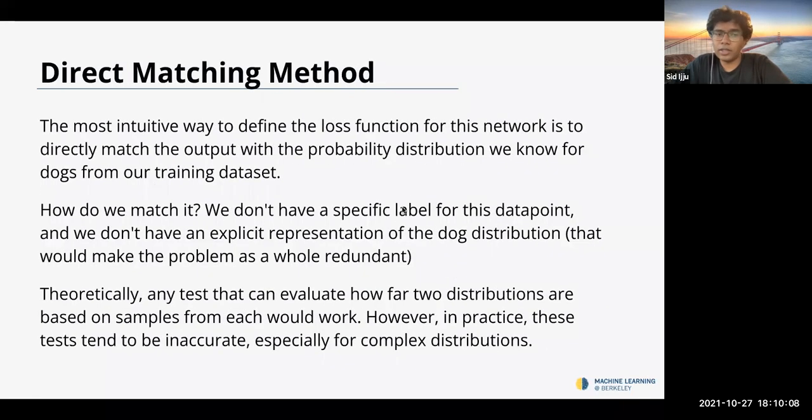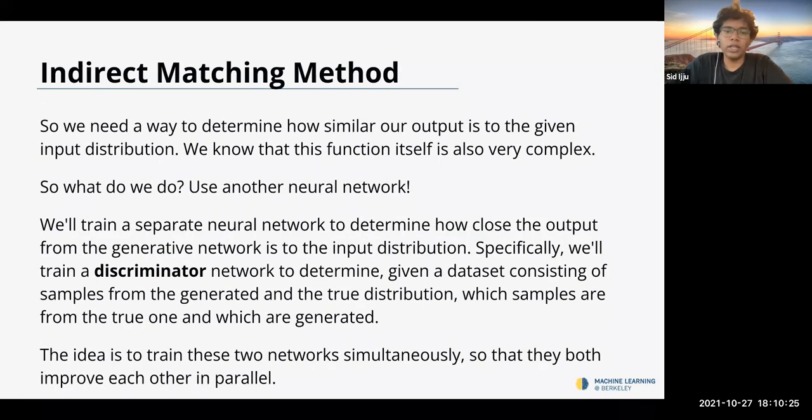And so this is like a general problem, I guess, with most generative networks, because you're not really able to tell if the output is something that you necessarily want, because you don't really have a good way to match distributions together, especially for really complicated ones. And so the idea is that you need to find a way to determine how similar your output is to the given input distribution, which itself would be a very complicated function.